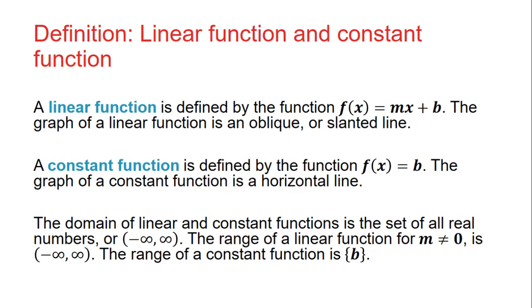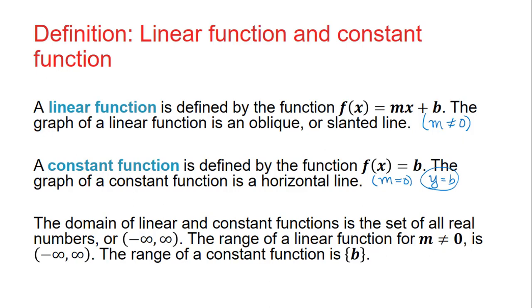The graph of a linear function is an oblique or slanted line as long as m does not equal 0. A constant function is defined by the function f of x equals b, and the graph of a constant function is a horizontal line. So this is a case where the value of m is equal to 0. And remember, y equals a number is the graph of a horizontal line.